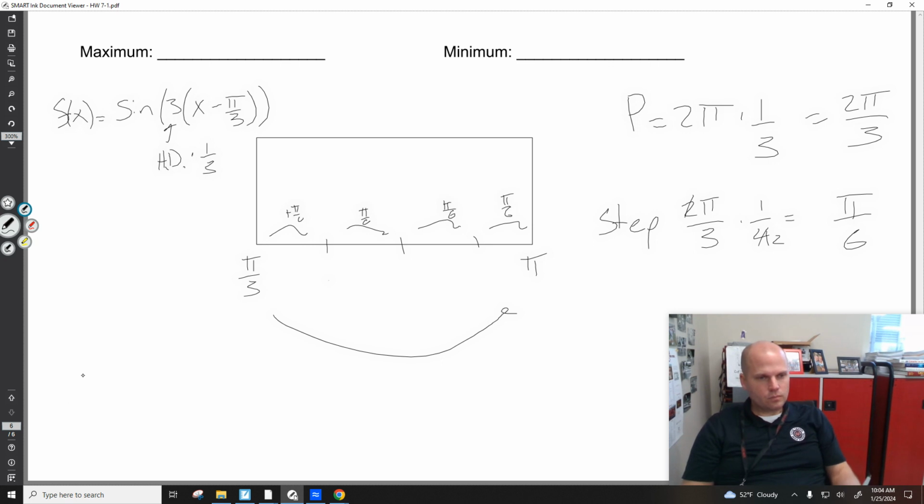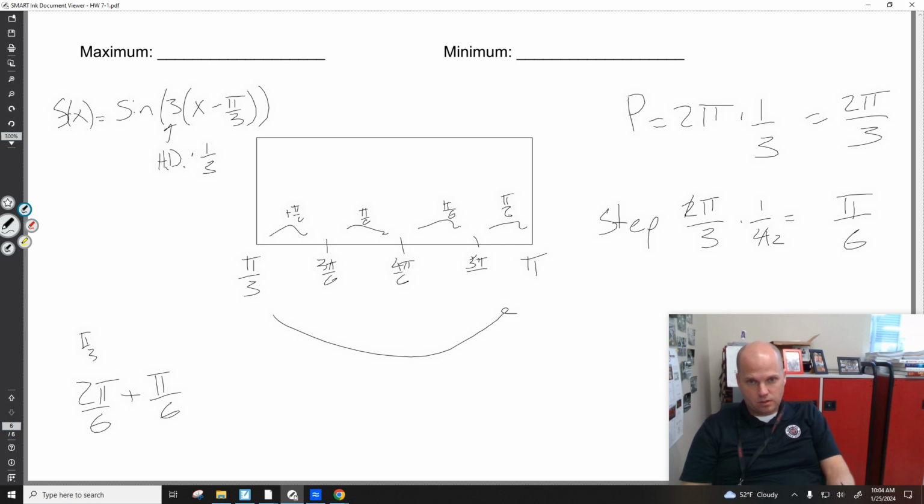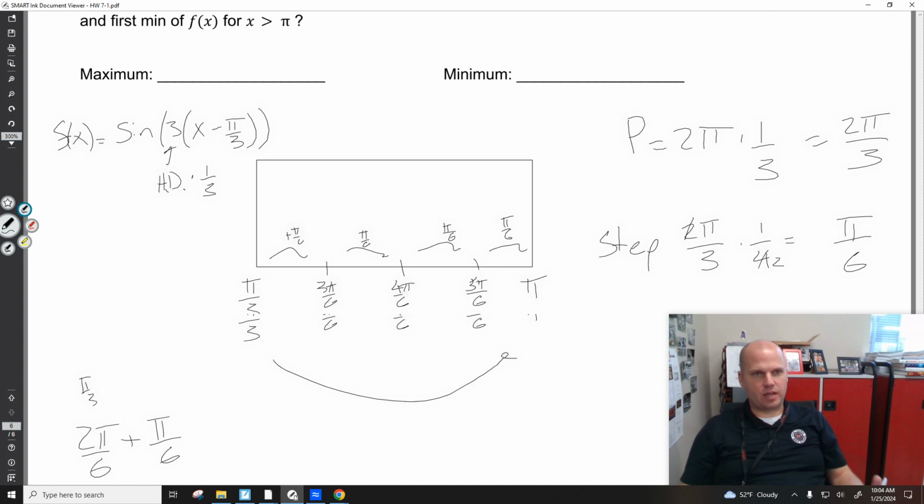So I start with 2 pi over 6's, which is pi over 3. I add a pi over 6. I'll just write it as 3 pi over 6, 4 pi over 6, 5 pi over 6, pi. Cool. Sine. I wish I started with cosine, but whatever.